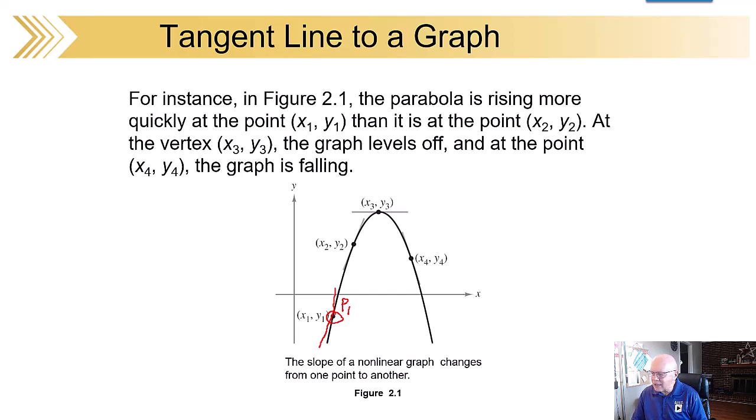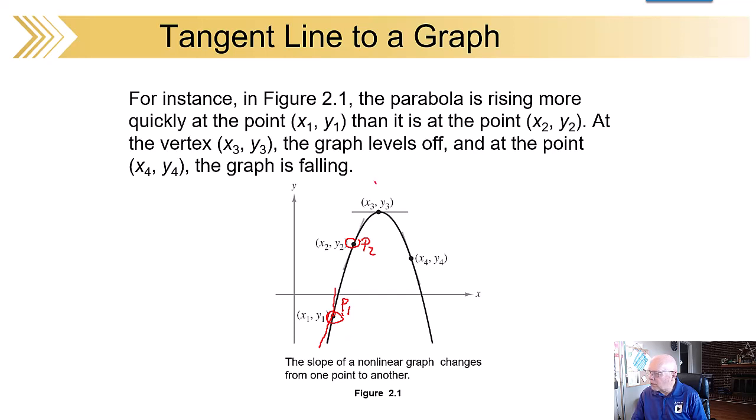It touches at that point, and we get as close as we can with the line to that without touching it if possible. Up a little bit further at point 2, it's not going quite as steep, but pretty steep, but it's different from the slope of the tangent at point 1.